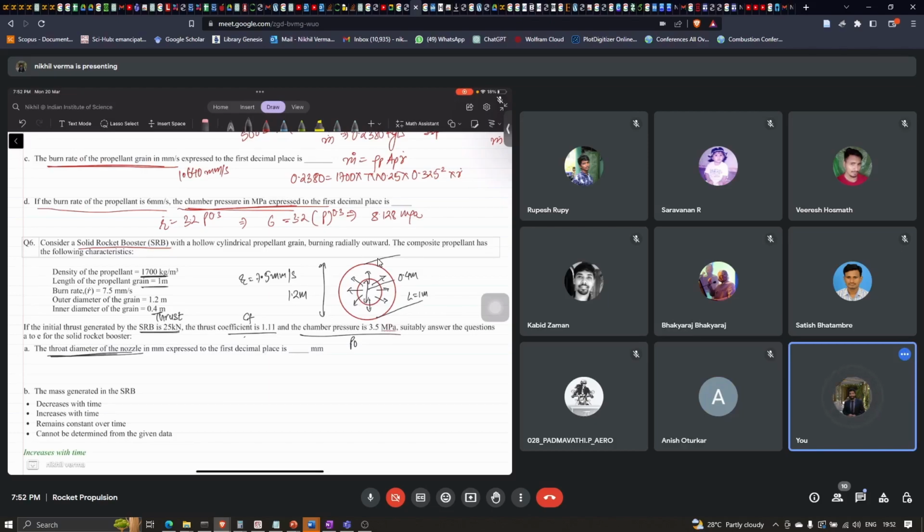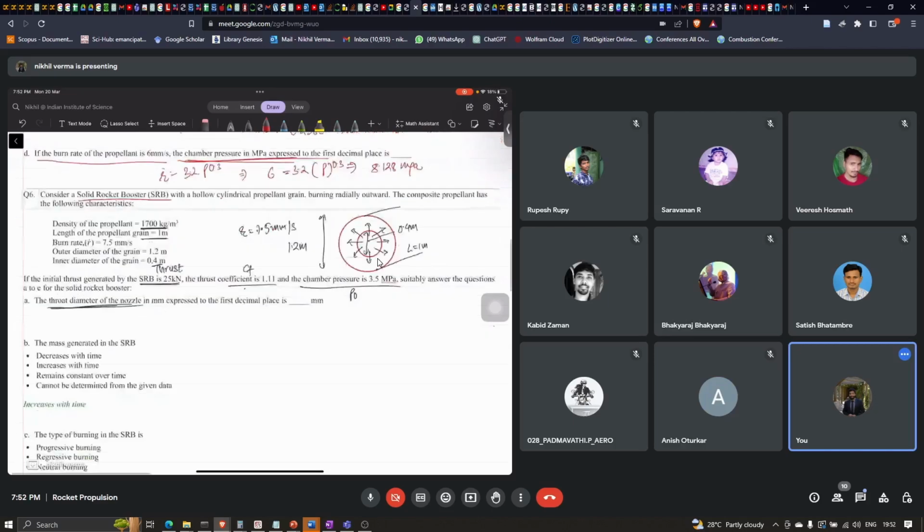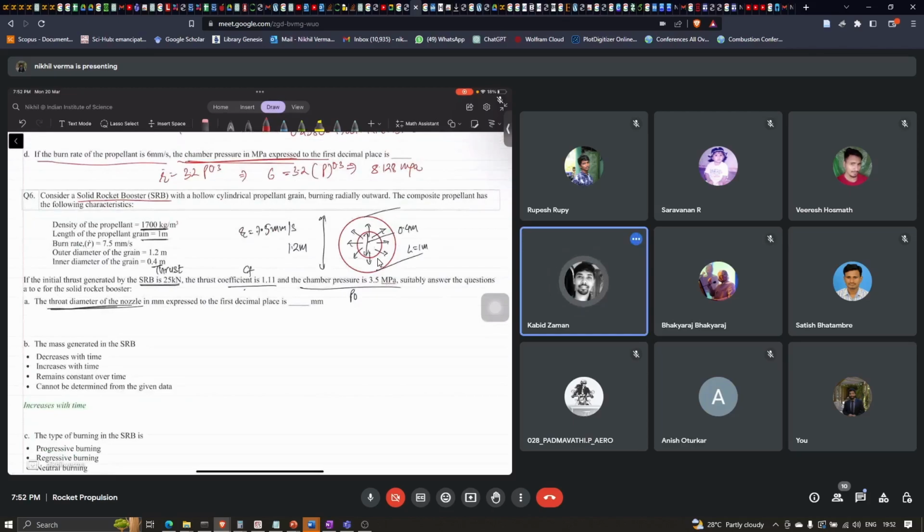Any idea? How will you calculate? From the definition of CF.